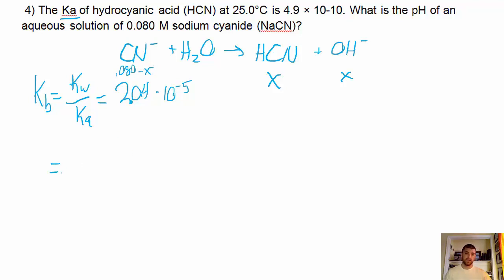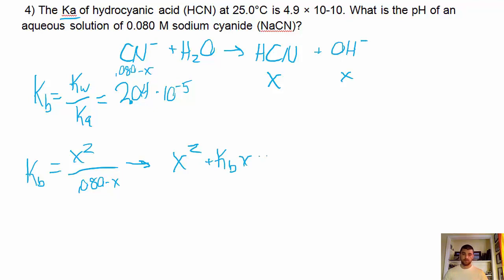So I get X squared all over 0.080 minus X has to equal Kb. So now I do some algebra, and I get X squared plus Kb X minus 0.080 Kb equals 0.